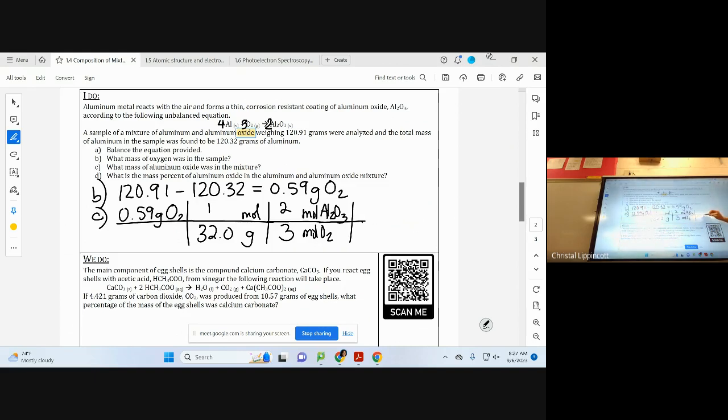And then I'm simply going to take my moles into grams. I'm going to take 2 aluminums, 27 each, and 3 oxygens, which is 48. I'm going to add all that together, and I'm going to get 101.9.